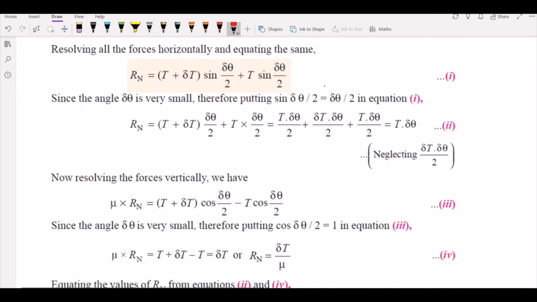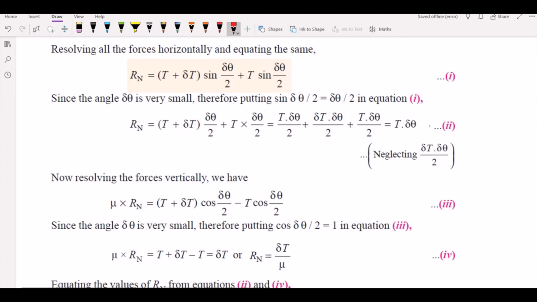Resolving the forces from the same previous figure, the normal force is nothing but the summation of tension and change in tension, (T plus del T) into sine del theta by 2, plus T into sine del theta by 2. Take this as equation number 1. If your del theta, the angle of contact, is very small, then you put the sine of del theta by 2 as del theta by 2. Simple substitution in that case.